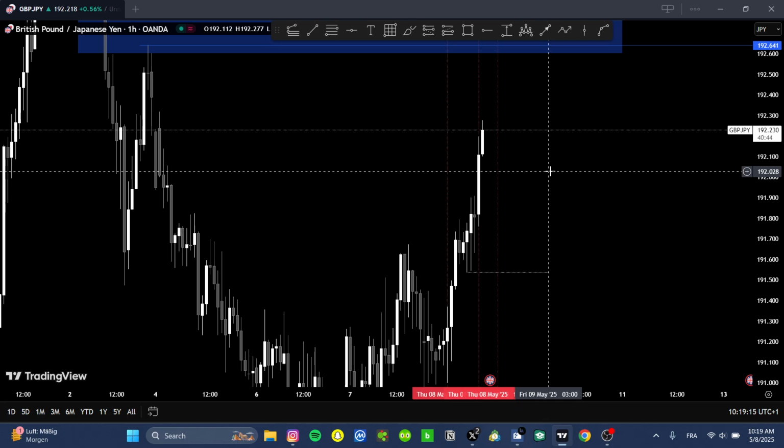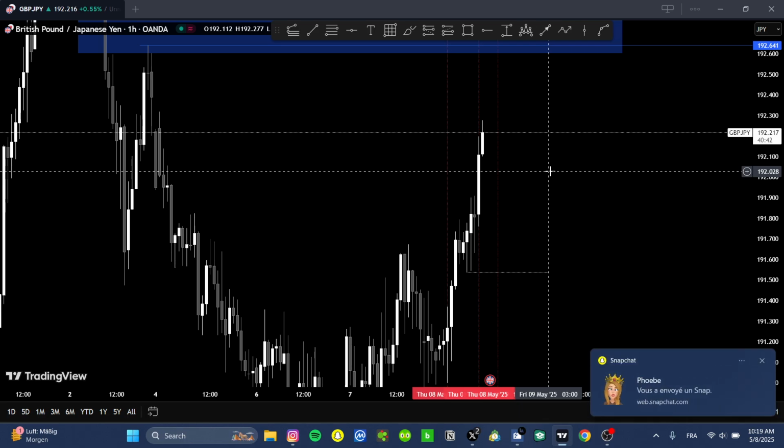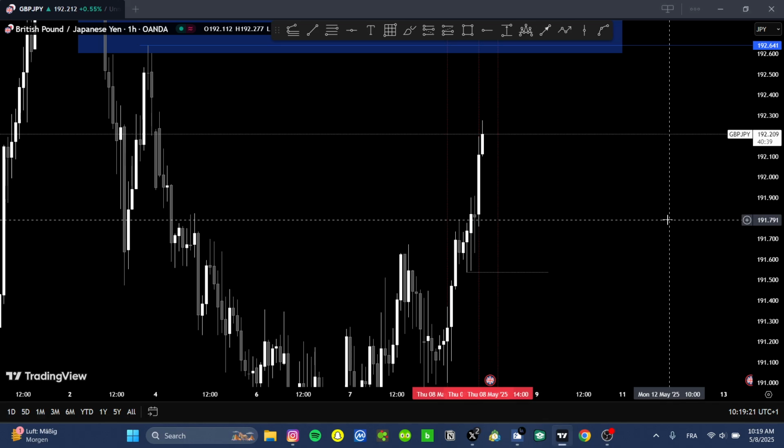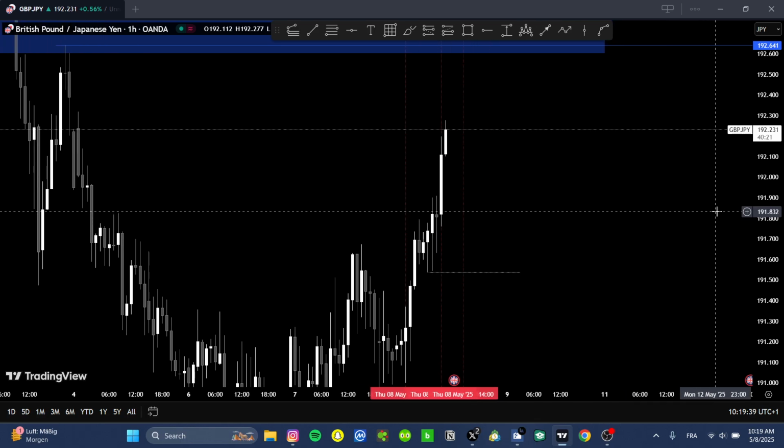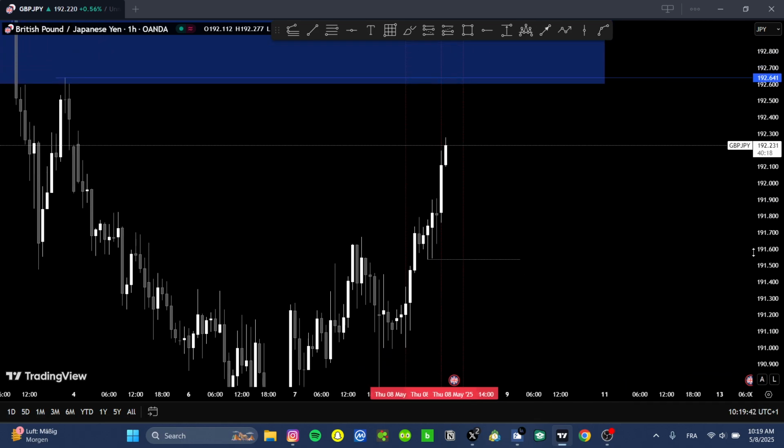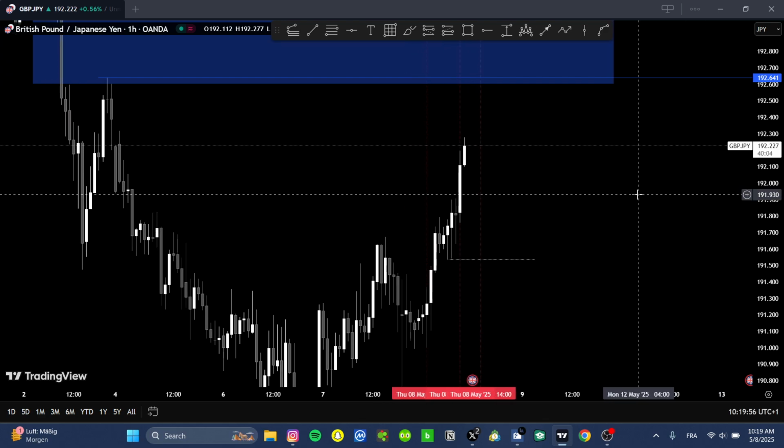The more I backtest and study the market, the more I start to understand how the market actually moves and where it's going to draw into. What is the next draw on liquidity that the market is going to target? That is exactly what you're going to benefit from backtesting. So if you're listening to this, please start backtesting. Actually put in the work. There's no other way, and you'll see the results regardless.